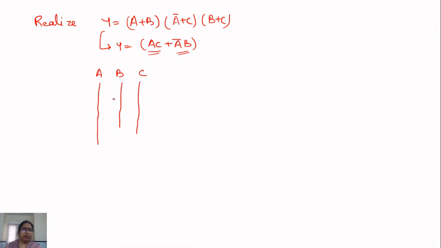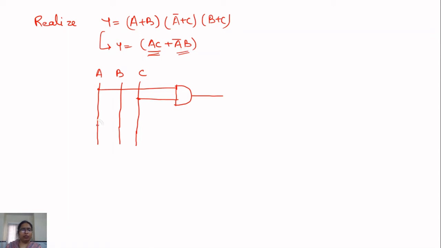So first term is ac, means an AND gate is used between A input and C input. And we know the symbol of AND gate. This is the first term. In the second term, a bar b, this is the complement of the A input, and then an AND gate is applied between a bar and b.